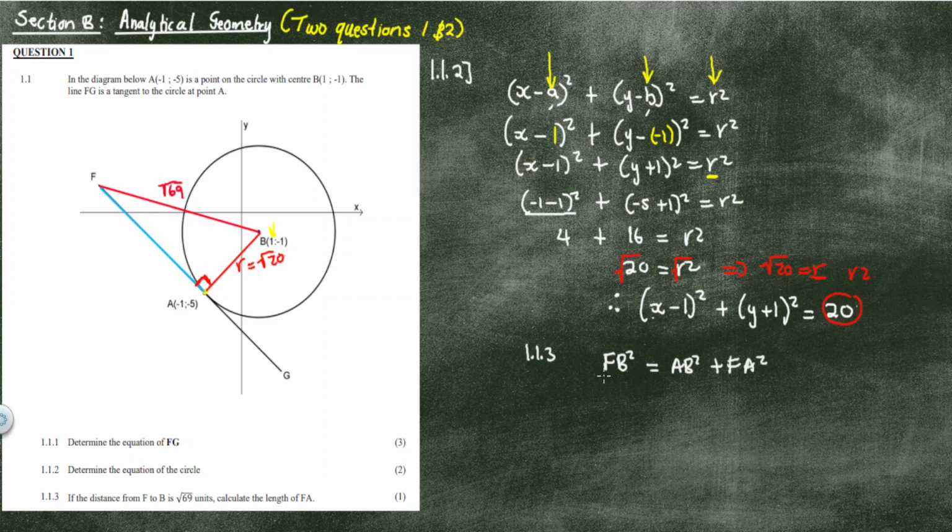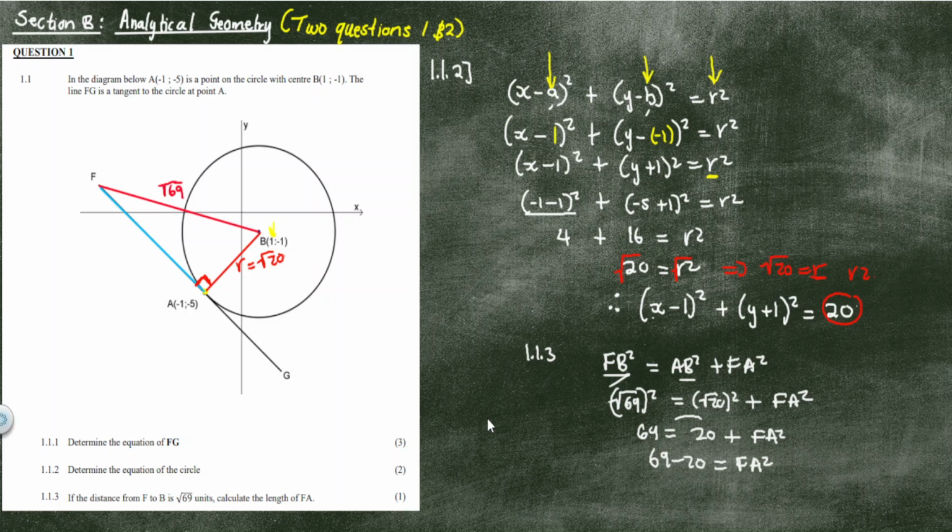So I'm going to substitute FB, which is square root 69, squared, equal to AB, which is the radius, square root 20, squared, plus FA squared. Then 69 equals 20 plus FA squared. Transpose 20: 69 minus 20 is equal to FA squared.